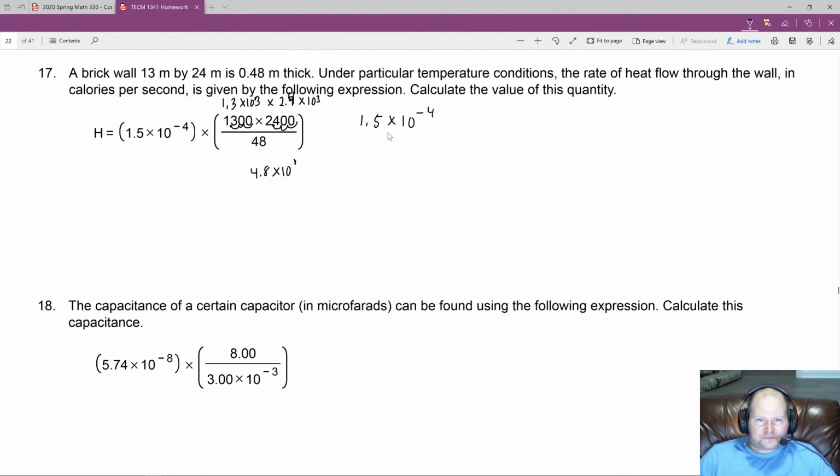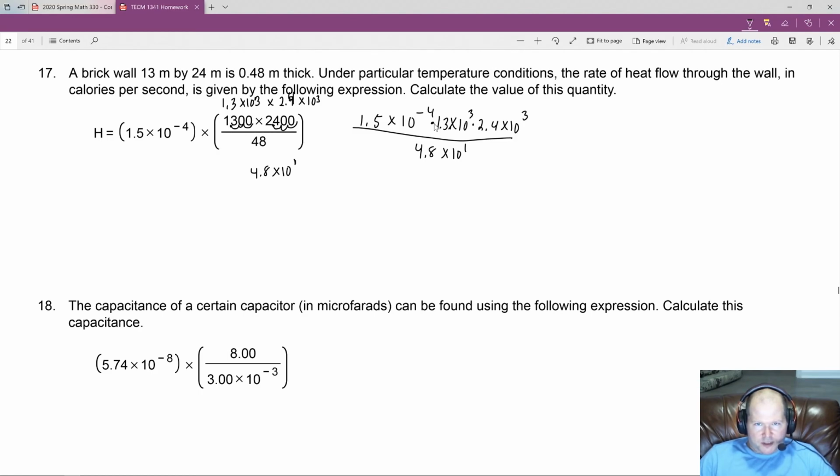All right. So we would end up multiplying this by 1.3 times 10 to the third power times 2.4 times 10 to the third power, and the whole thing would be divided by 4.8 times 10 to the first power. So we have to simplify all these.